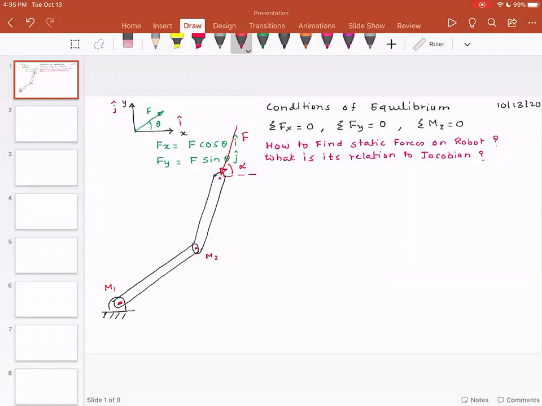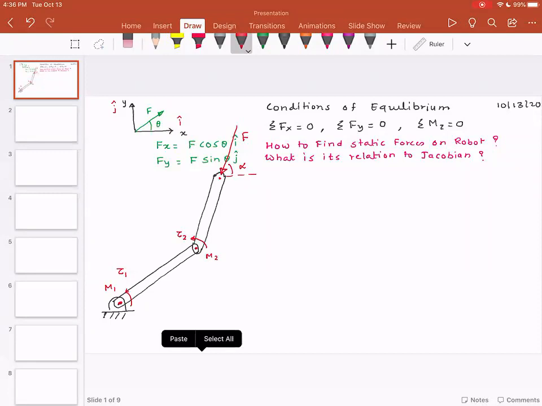Motor M1 is going to apply some torque. Motor M2 is going to apply some torque. So my question is, what should be the torque applied by motor 1 and what should be the torque applied by motor 2 so that this external force can be supported by the robot?